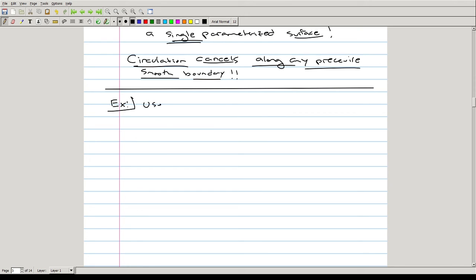Let's use the generalized Stokes theorem to find the relationship between the circulation around some curve C, where C will be the circle, and say the circle looks like this, and cylindrical shape like a can.